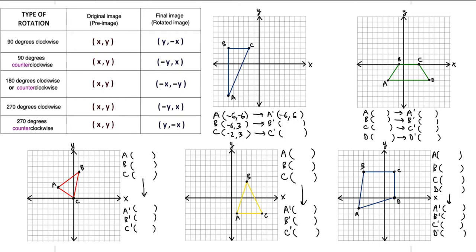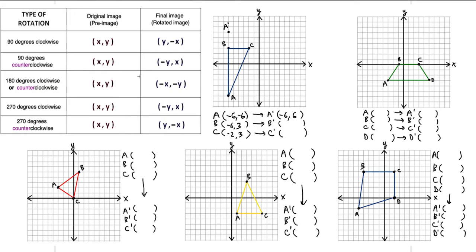That makes sense because -6, 6 is in quadrant 2. So -6 is here, and then 6 will be all the way up there. This is your A prime.